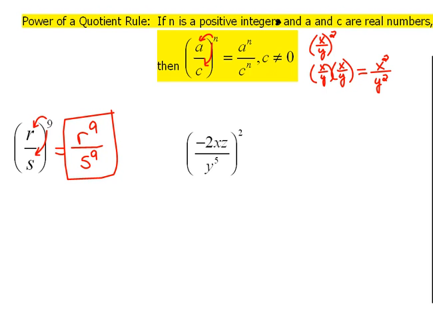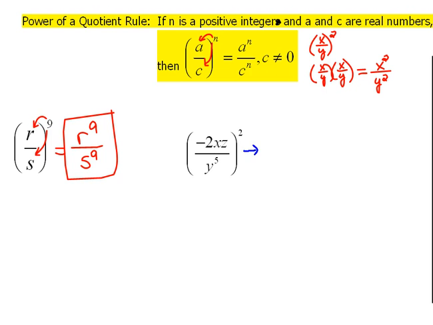Now for the next one, we might have to do a couple of steps because we don't have a simple quotient. We don't have just a single number or letter over a single letter or number. Here we actually have 3 factors, or 3 things being multiplied, in this numerator. Well, remember, according to the rule, both the numerator gets the power and the denominator gets the power.